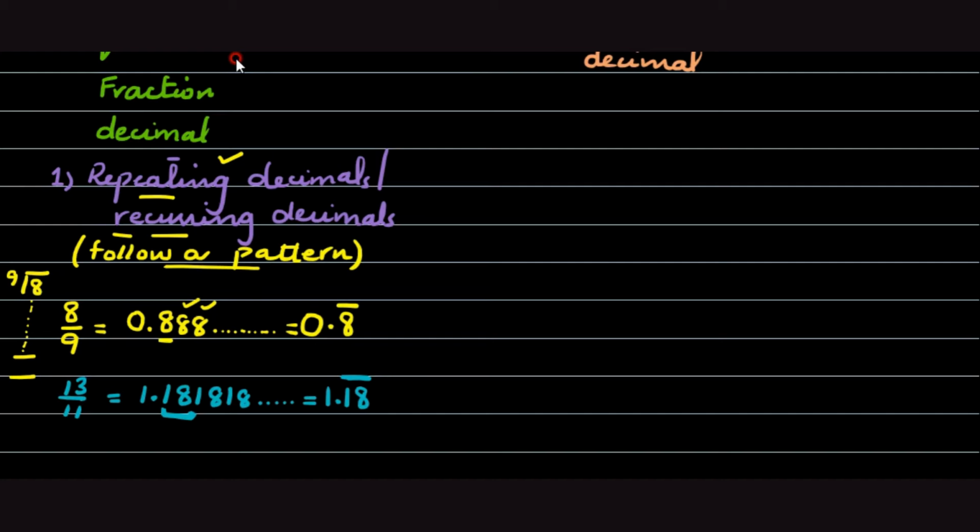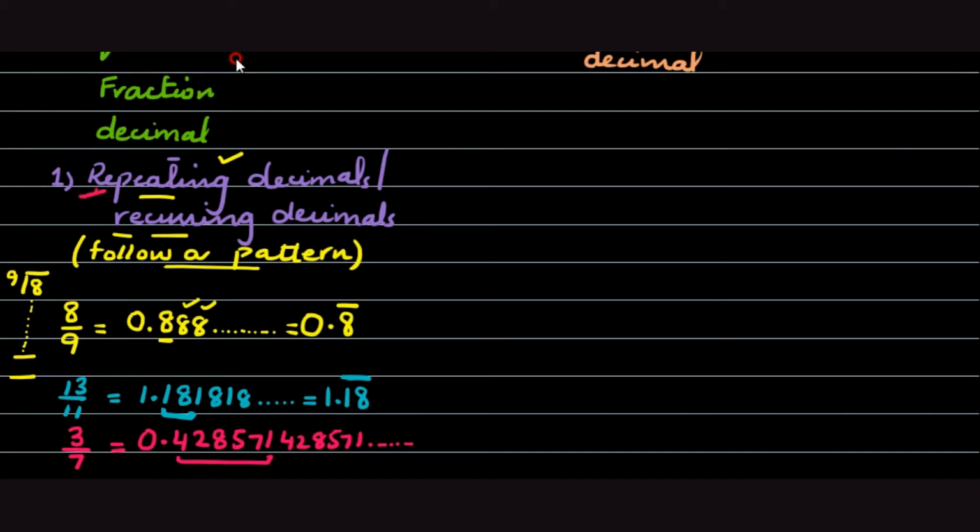Let's have one more example. 3 upon 7. Once you divide this number, you will write it like 0.428571, 428571. You will get the same answer again and again, because this whole pattern is repeating.